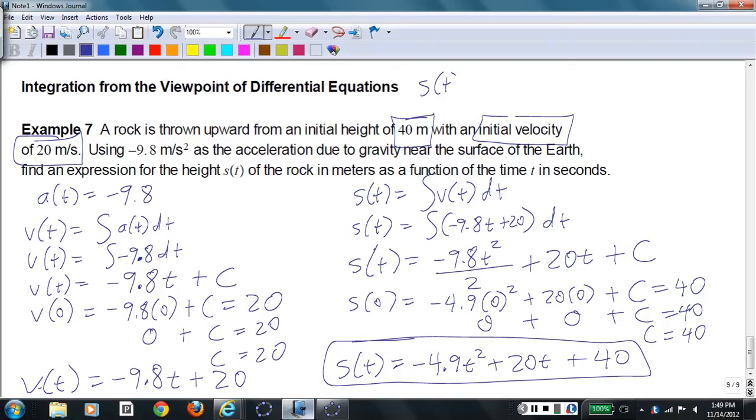S of t equals negative 1/2, and maybe I should just say a t squared plus v sub 0 t plus s sub 0, a function you'll probably come to know and love in physics.